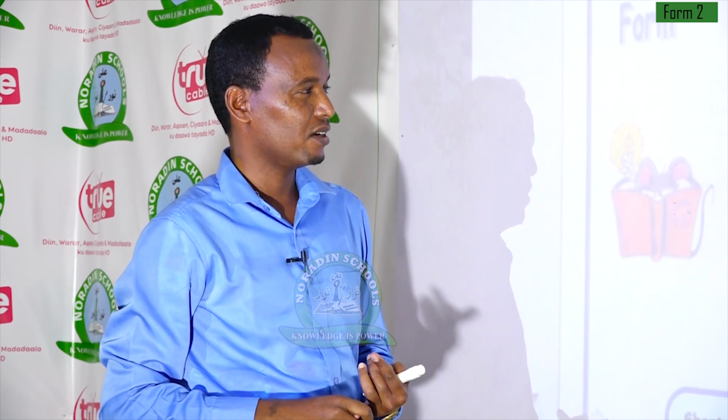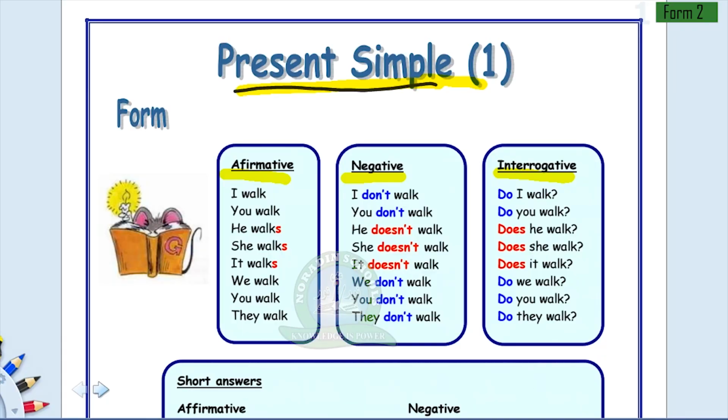As we all know, there are 7 pronouns: I, you, we, he, she, it, and they. For example, with I, you, we, and they, we don't add anything when it comes to simple present.